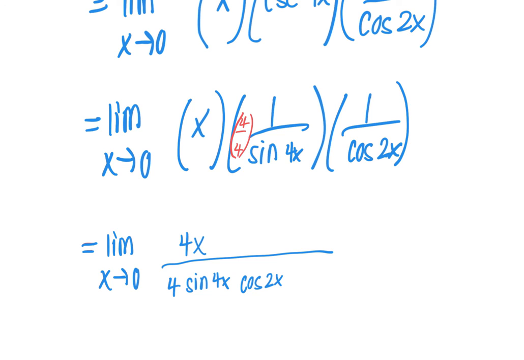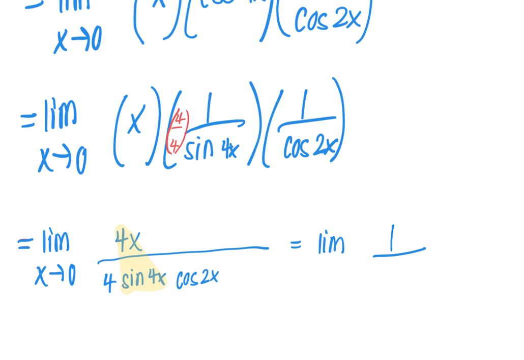And this section right here goes to 1. And basically, all I have to look at now is the limit of 1, because there's nothing left in the numerator, over 4 cosines of 2x as x approaches 0. From the 4 over 4, this 4 was left in the bottom. Now I used the 4 in the top for my rule, okay? But the 4 is left in the bottom, and we also have the cosine of 2x.